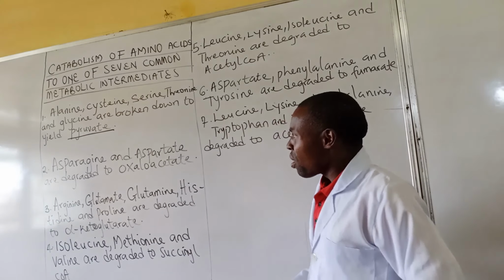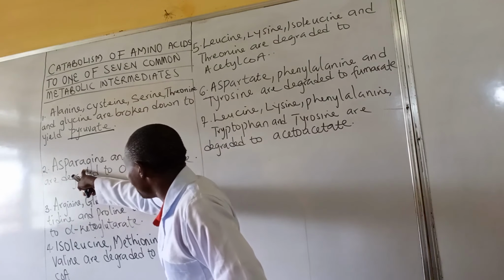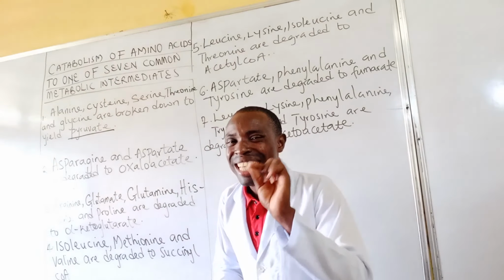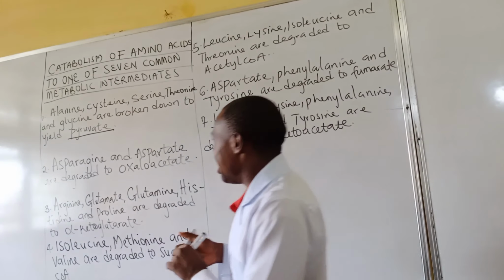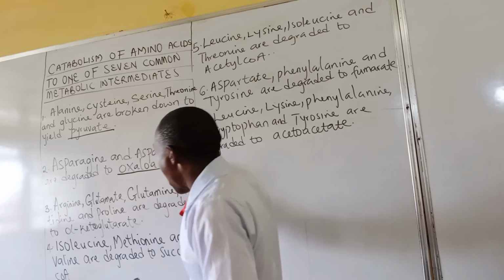Number two is asparagine and aspartate. When they are degraded, they yield oxaloacetate.